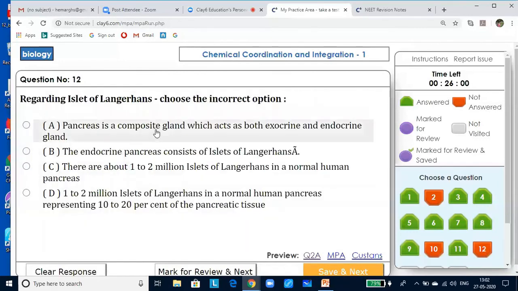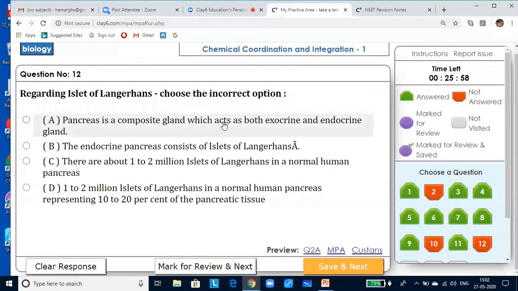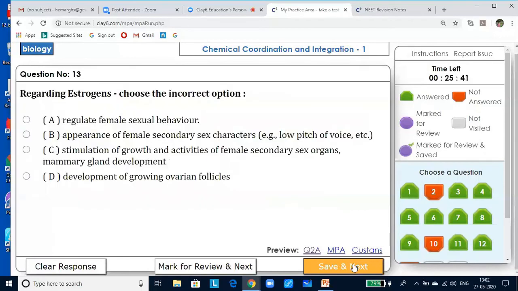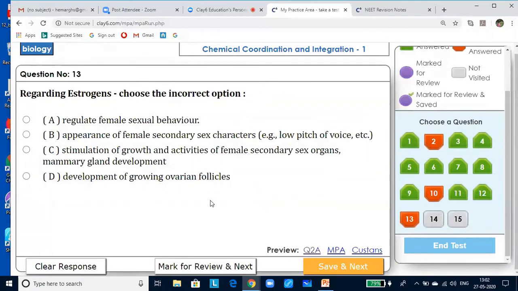12th. Regarding islets of Langerhans, choose the incorrect option. 1 to 2 million islets of Langerhans in a normal human pancreas, representing 10 to 20% of the pancreatic tissue, is a wrong thing. Regarding estrogen, correct option.